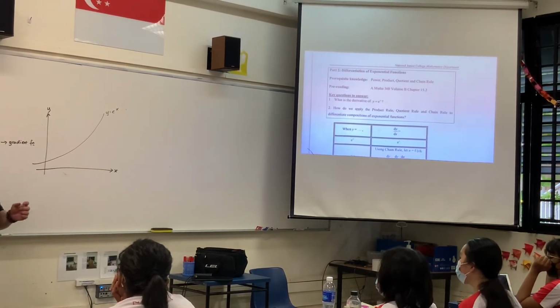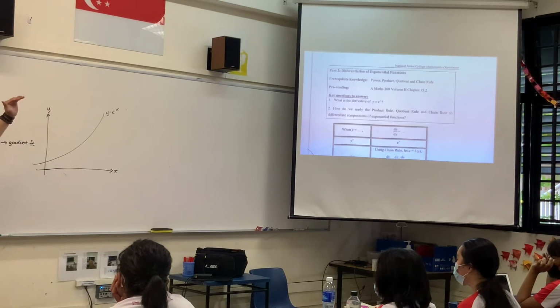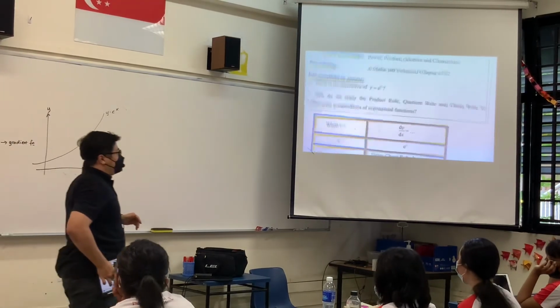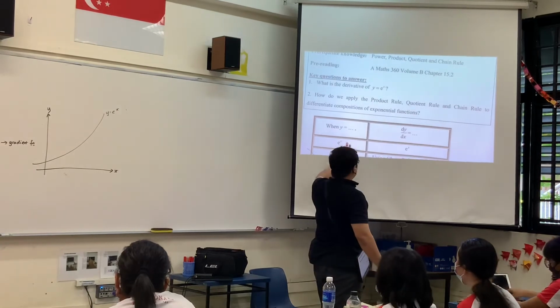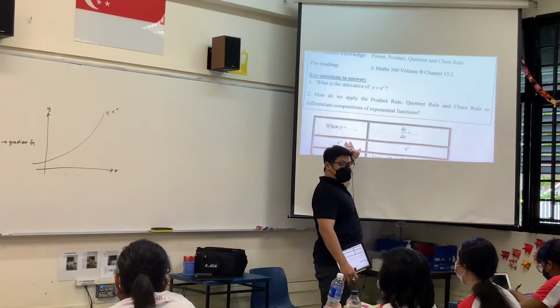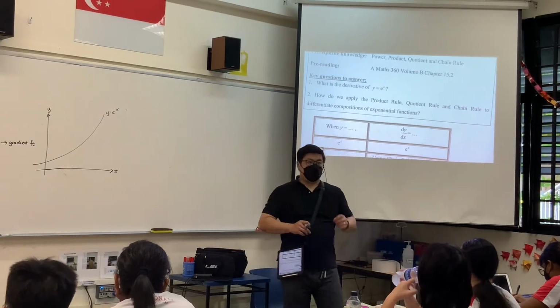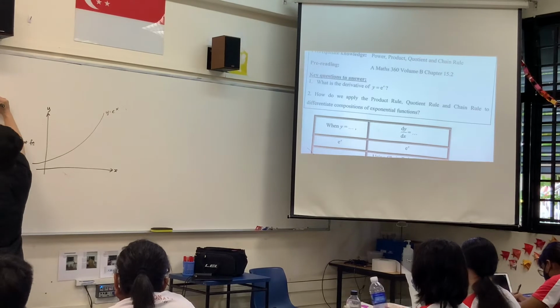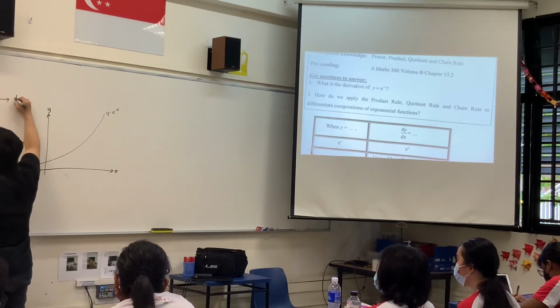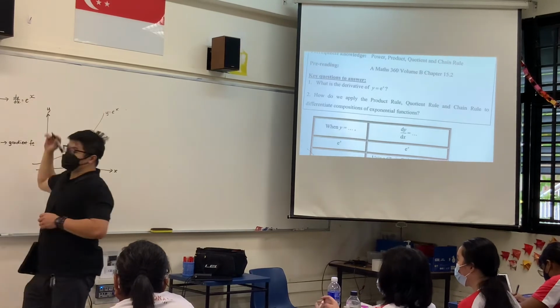In a sense, the gradient of e to the power x is also going up exponentially, which is why when you have an exponential function, the gradient is also the exponential function. e to the power x is the only one in the world where if you differentiate e to the power x, then dy dx is also equal to e to the power x.